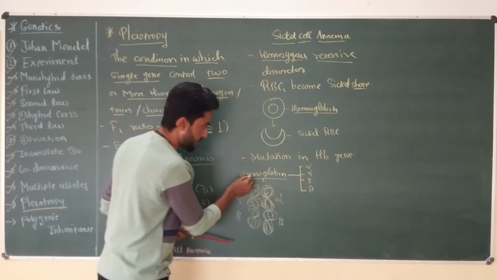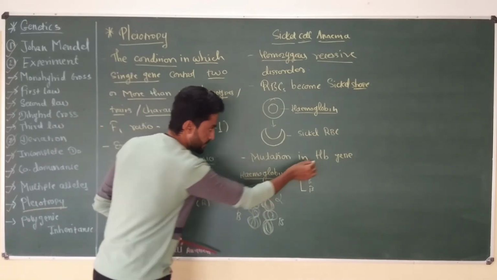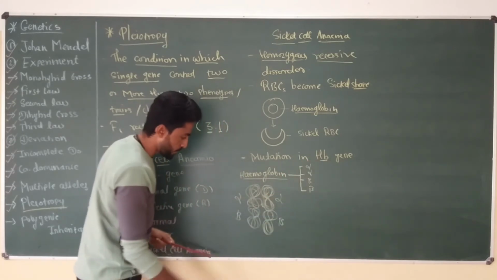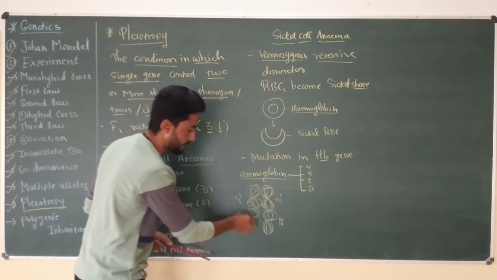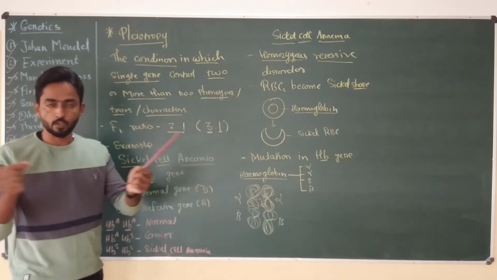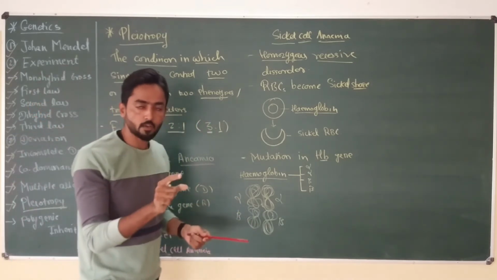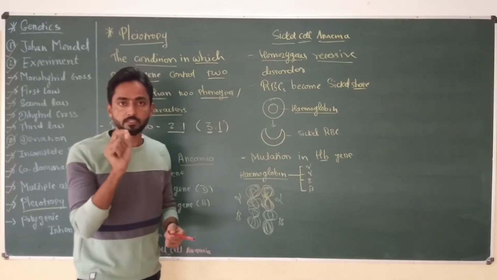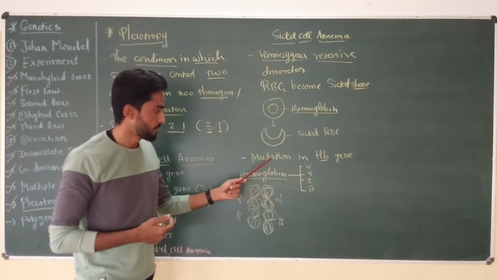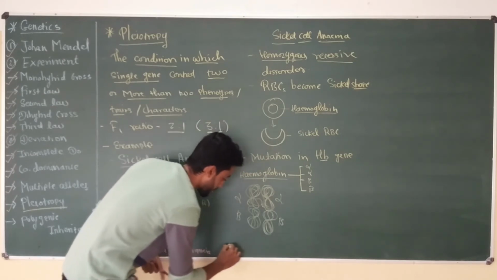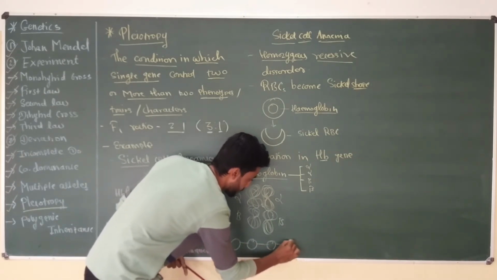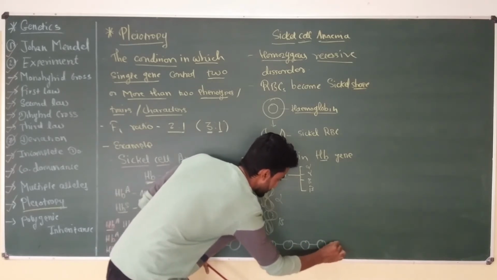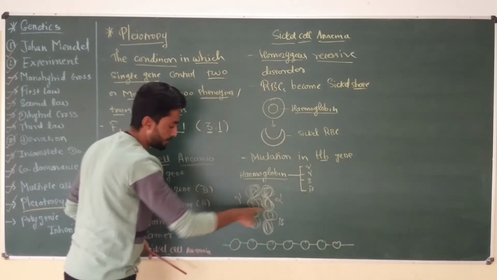Now the mutation occurs in the HB gene, due to which the beta chain is going to change. Okay, this beta chain contains a long chain of amino acids, and in that long chain, amino acid number 6 is going to change due to the mutation. For example, this is amino acid 1, 2, 3, 4, 5, 6, 7, and so on. So this is the beta chain.